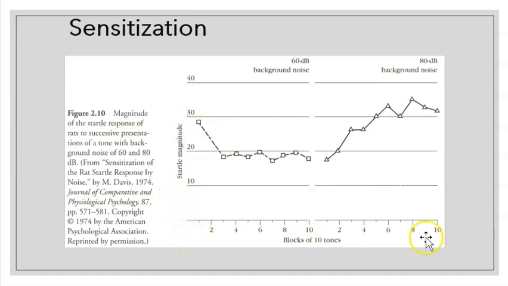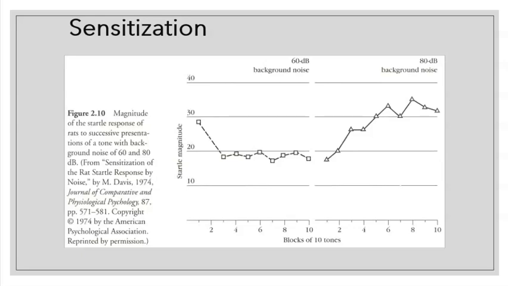So on the bottom, let's just say we're playing a noise. On the bottom is the number of noises, and then your response, so how strongly you respond. With habituation on this left side, you can see over time we respond less. But with sensitization, every time that tone occurs, we're responding more and more and more intensely. Okay? So here we are measuring the intensity.